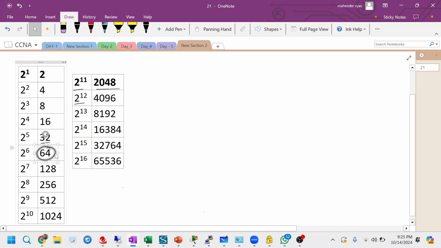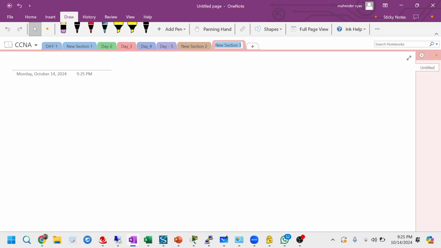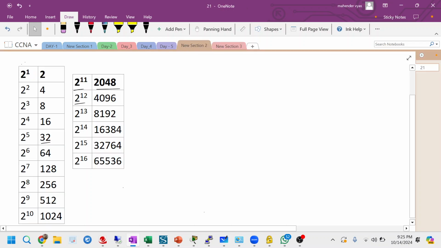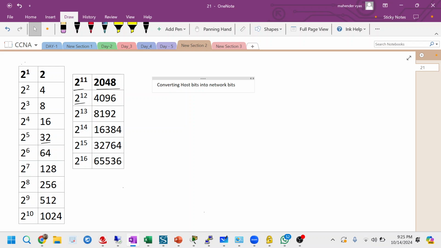Okay, then. Now we understood how to do subnetting. Now we got to know converting host bits into network bits, right?